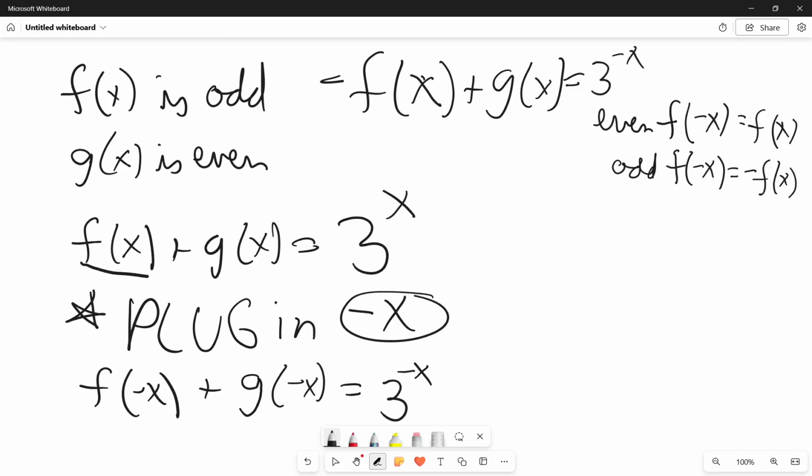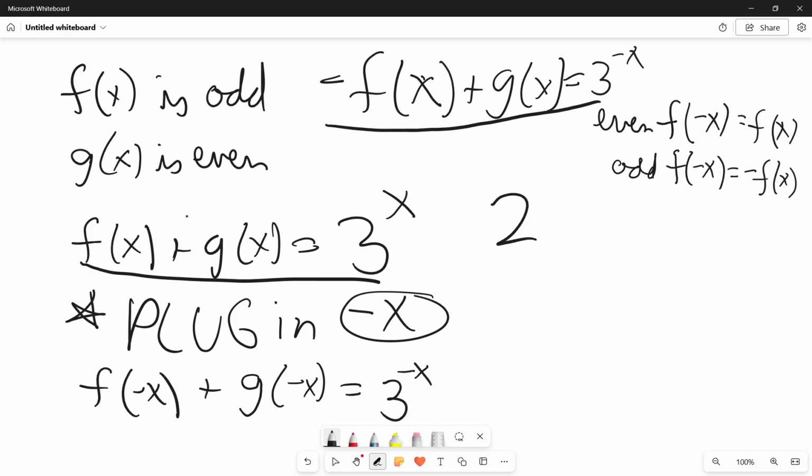And as you can see, these two equations are equivalent. So basically this is a linear equation, so we can try to add these two up. Since this is f of x and this is negative f of x, the f of x gets canceled.